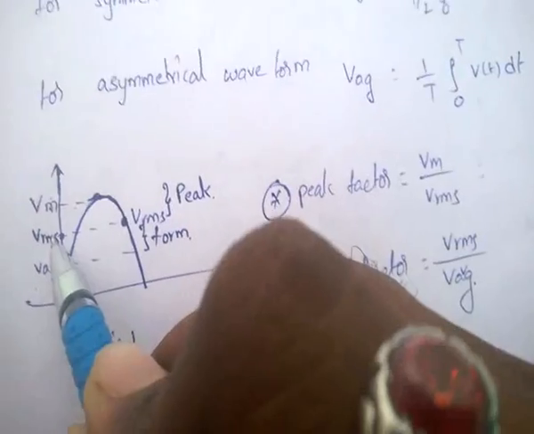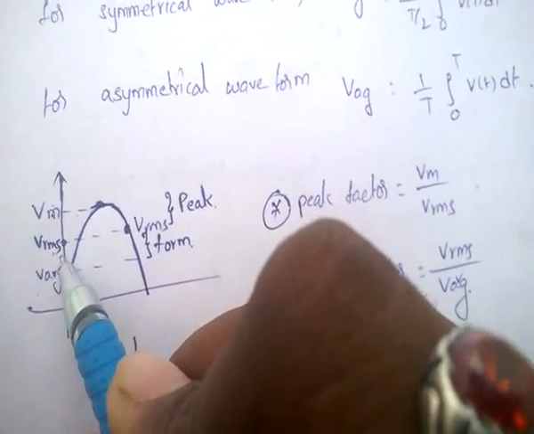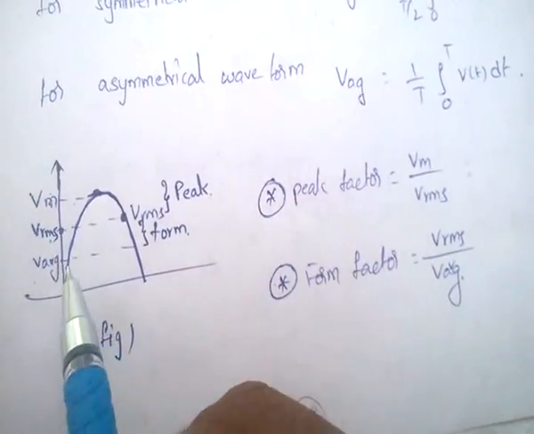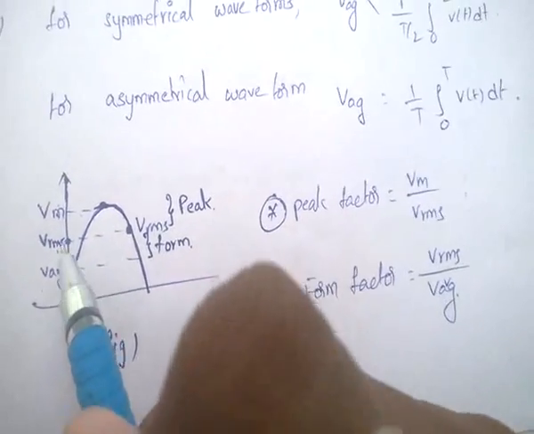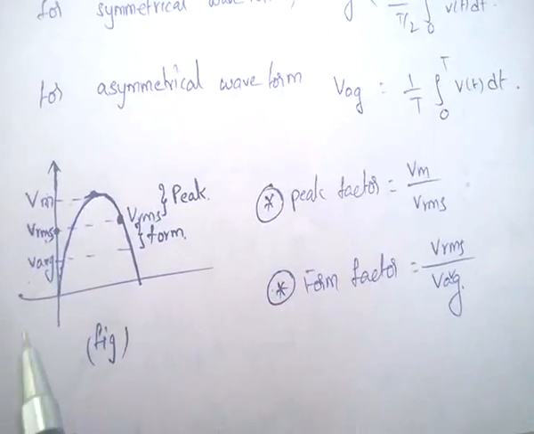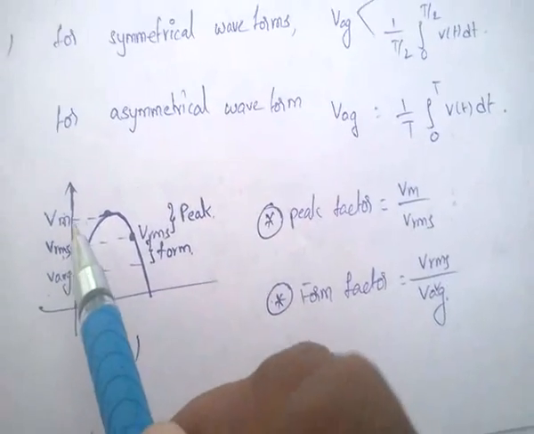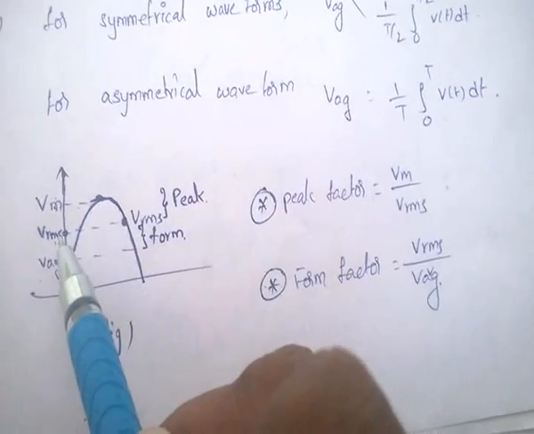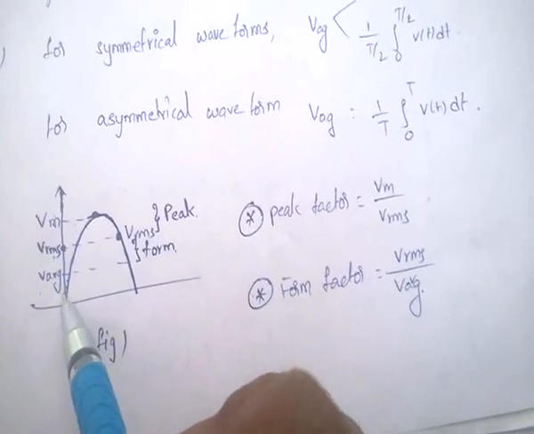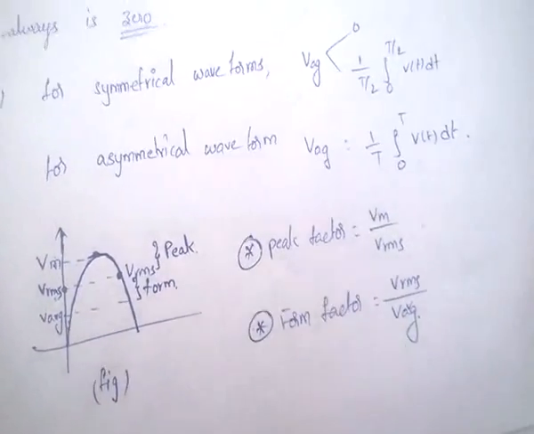Next, form factor means it is associated with the RMS value, so form factor is nothing but Vrms by V average. Once again, peak factor equal to Vm by Vrms. Form factor equal to Vrms by V average. It is very important.